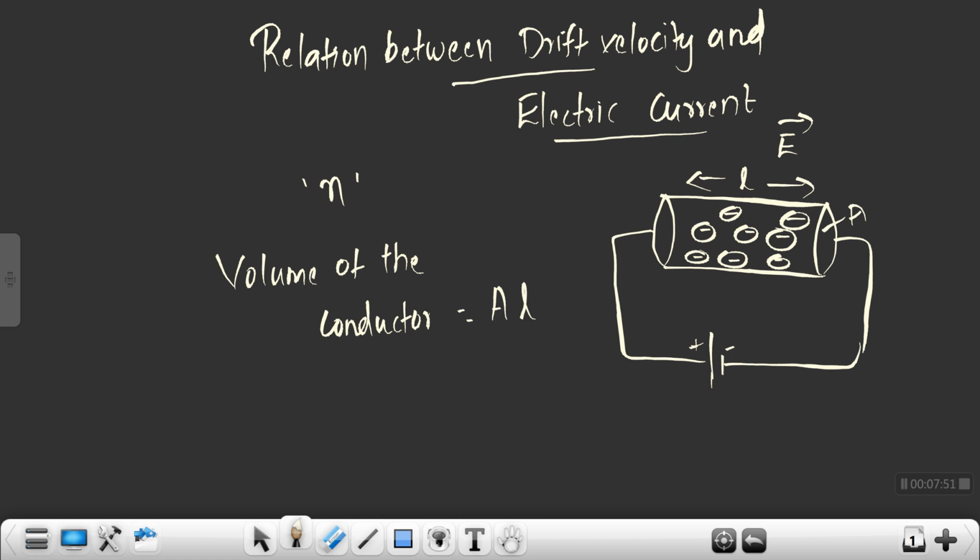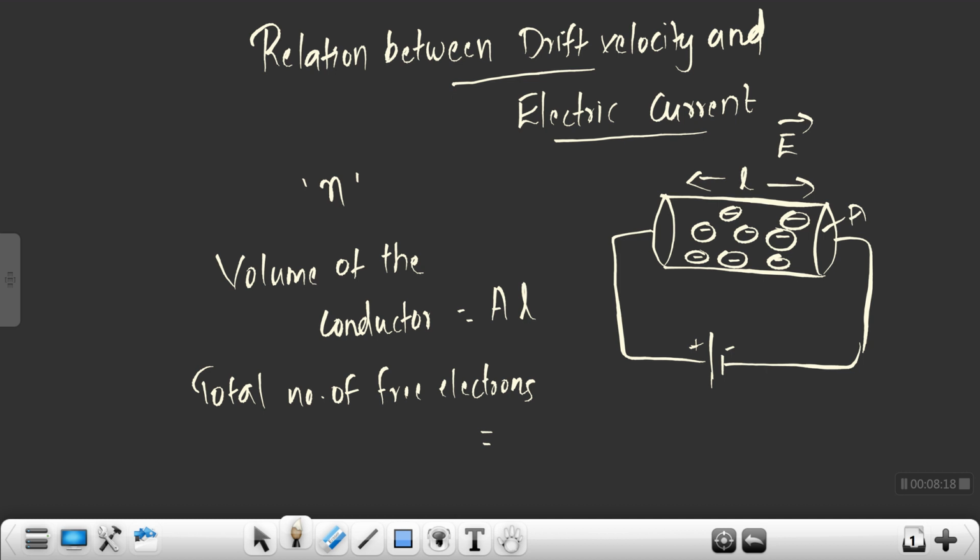So the next step, the total number of free electrons. We know that n is the number of free electrons per unit volume, and we already know the total volume of the conductor.